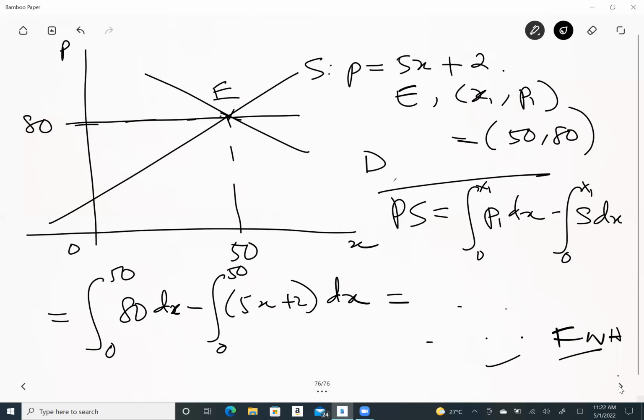After that, for section 13.4, I'll give you some questions. We just do the consumer surplus first. Consumer surplus, producer surplus. So you do 22, and then 24, 25.